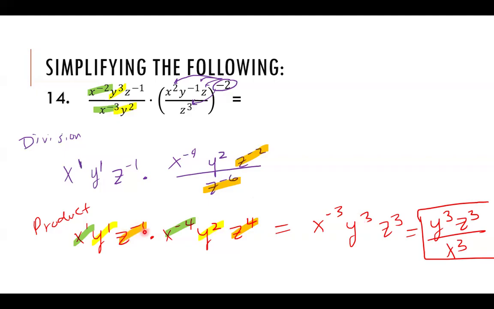I have z to the -1 times z to the 4. -1 plus 4 is +3. The last thing is to make sure that all powers are positive. X to the -3 is not happy up top, so I need to move it to the bottom to make it a positive. So your final answer should have been y to the 3rd times z to the 3rd divided by x to the 3rd.